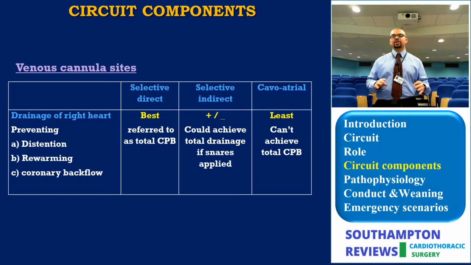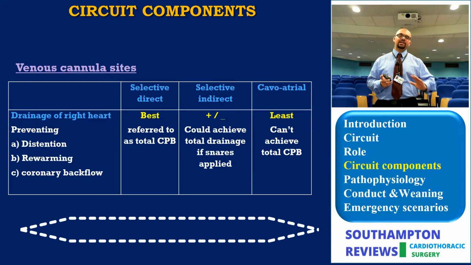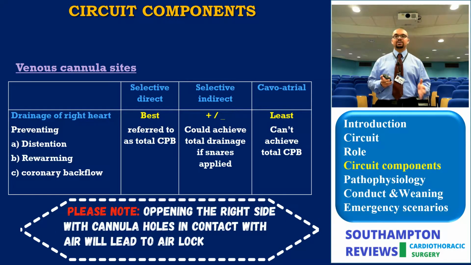This is extremely crucial. Of course, it's beneficial in all types of surgeries. However, it's extremely crucial if you are opening the right side, for instance, in tricuspid valve surgery, VSDs, ASDs, to completely empty the right side, to completely drain the right side of the heart. Hence, you need direct bicaval cannulation.